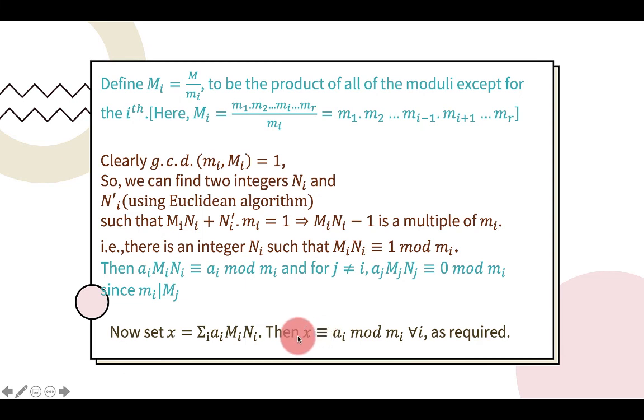That means x satisfies every congruence relation in the given system of congruences. That is, this x is a solution to the given system of congruences. Hence, we have proved the existence of a solution to the given system as required.